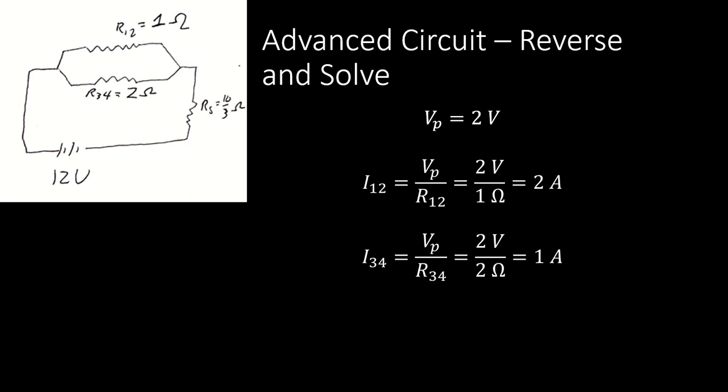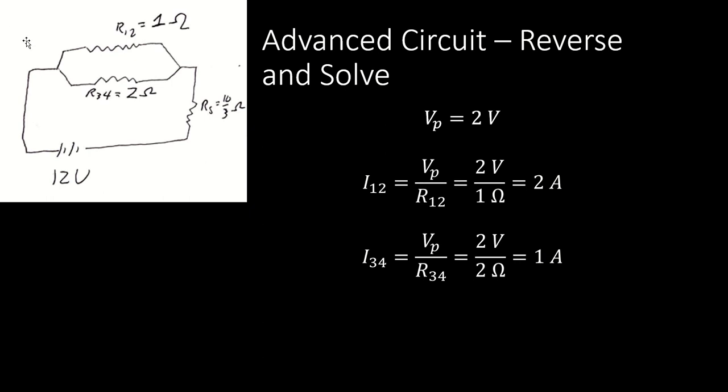So the current flowing through resistor R1 will just be that 2 volts divided by 1 ohm of equivalent resistance, which gives us 2 amps. And then I34 is going to be the current flowing through path 3-4, which ends up being 1 amp.